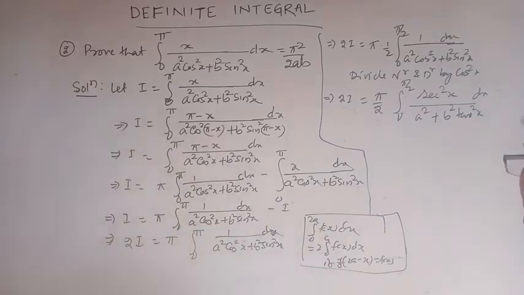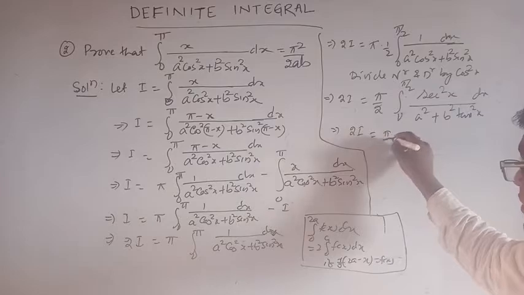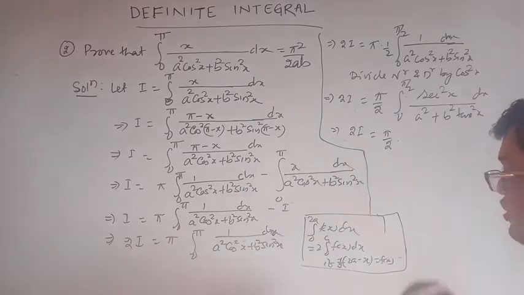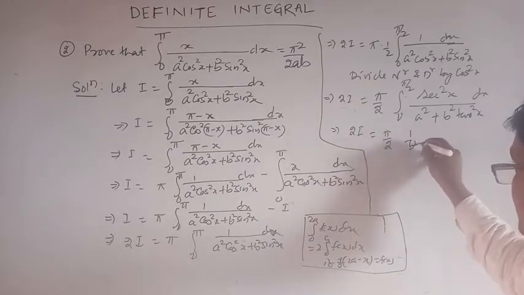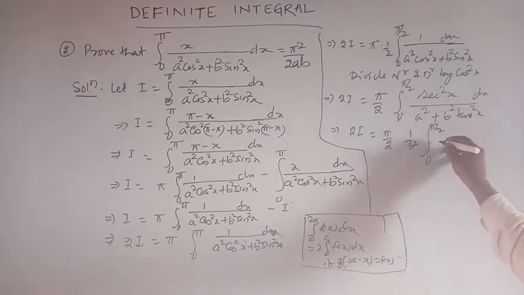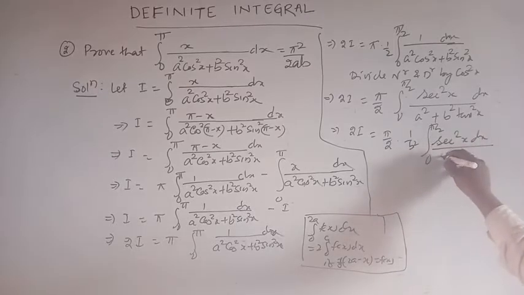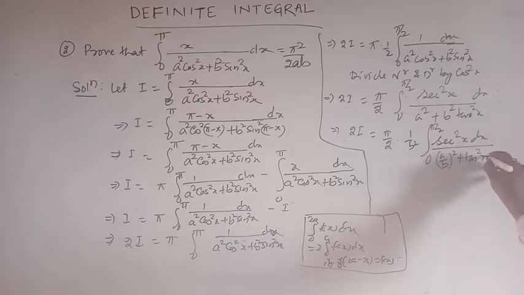Take b square common. So 2I is equal to pi by 2 times 1 by b square times the integral from 0 to pi by 2 of sec square x dx divided by ((a by b) whole square plus tan square x).